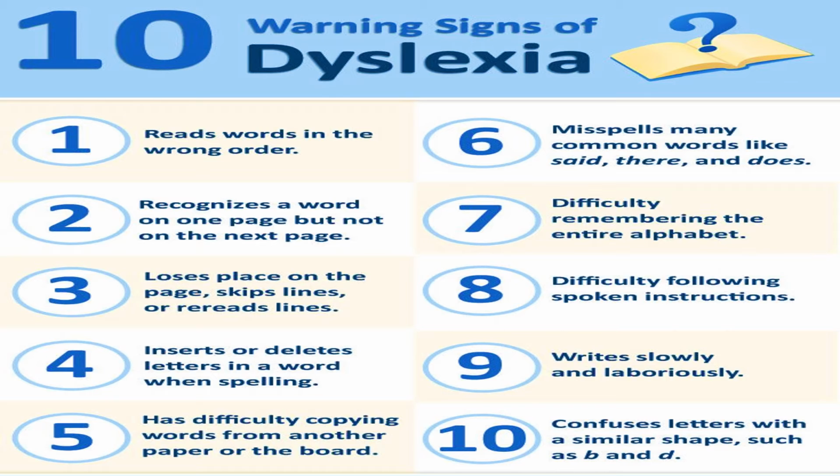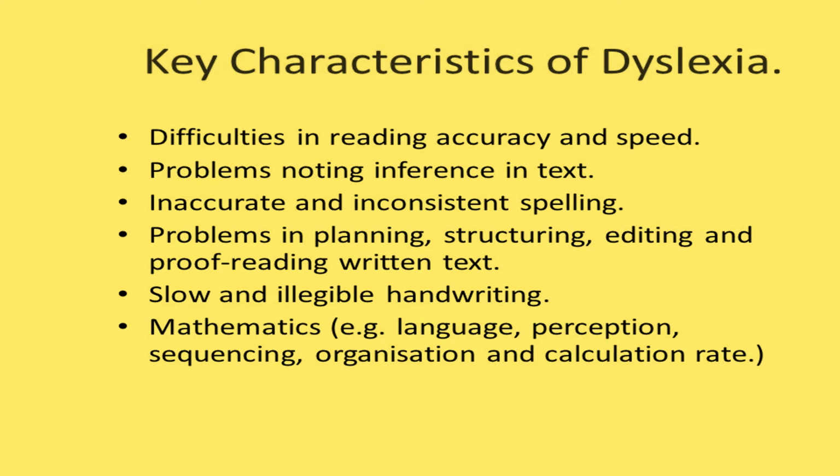So these are the 10 warning signs you must look for if you find your child is not getting the words correctly. These are the key characteristics of dyslexia that are directly related to the forms and types of dyslexia. So you can read it to find out what the major characteristics of dyslexia are. He or she has difficulties in reading accurately and in a speedy manner.